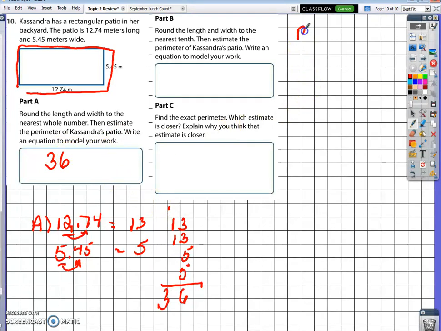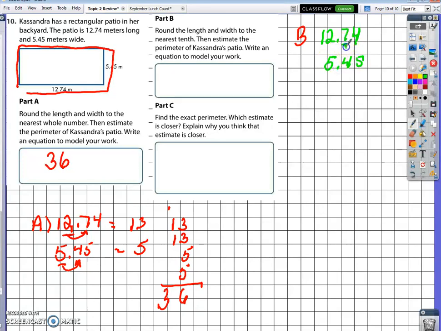Part B, round the length and width to the nearest tenth. So now we rounded here to the nearest whole number. We're going to do the same problem. I'll do it in a different color. 12 and 74 hundredths, and 5 and 45 hundredths.